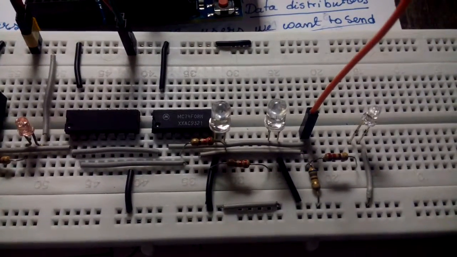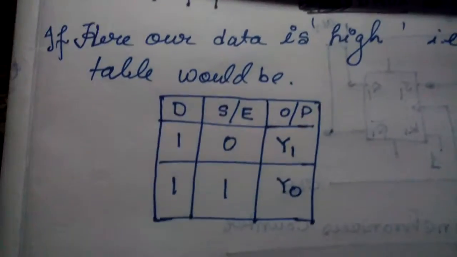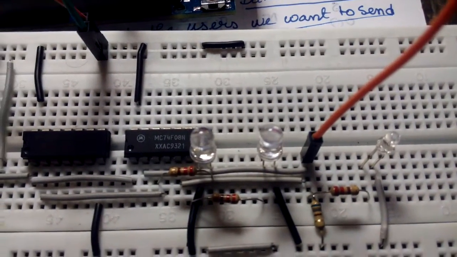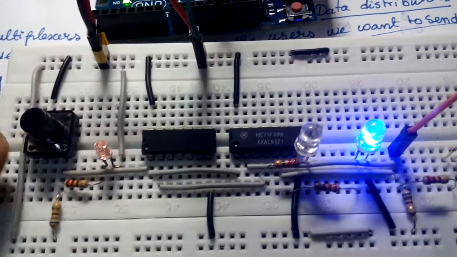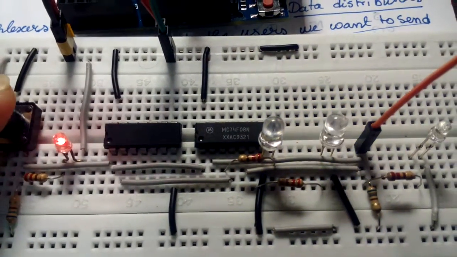Now my switch is at 0 condition, so the data it is sending is received by the receiver y1, as per our truth table. Now I want this data to be received by person y0, so for that I have to put the selector line at 1, and let's see.